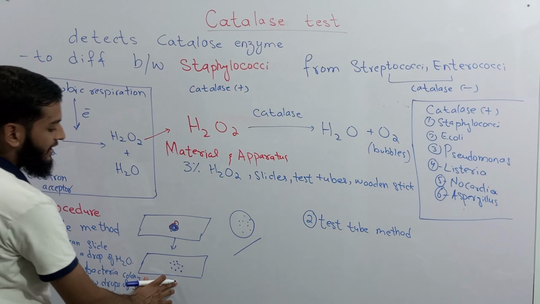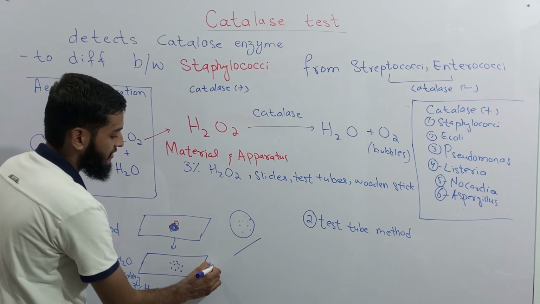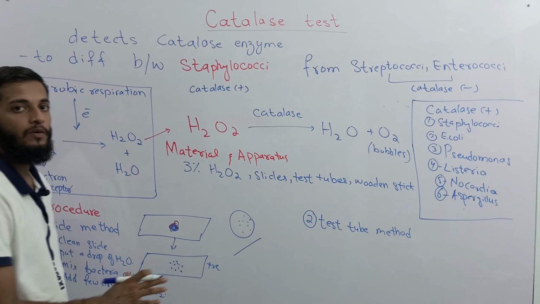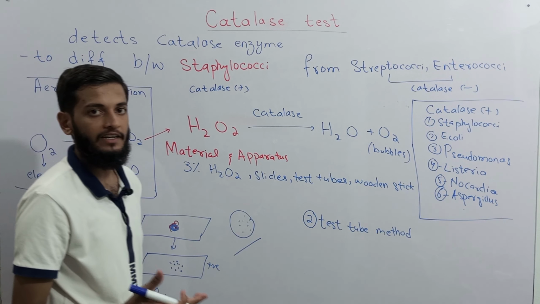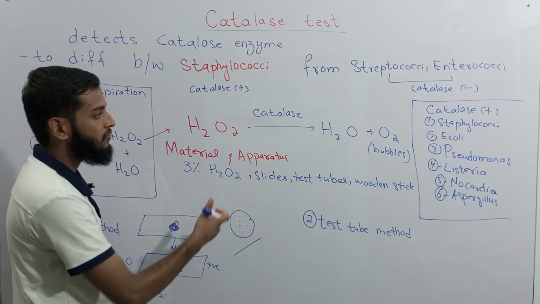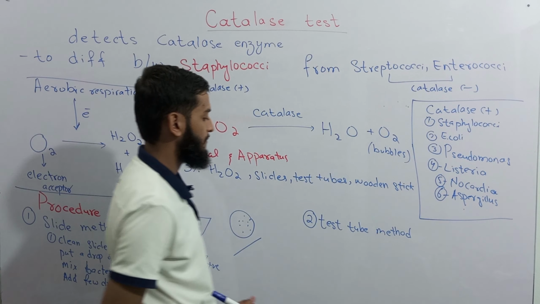Bubble formation will tell us that the test is positive. If there is no bubble formation within 5 to 10 seconds, it means the test is negative. And this bubble formation is due to the production of oxygen.